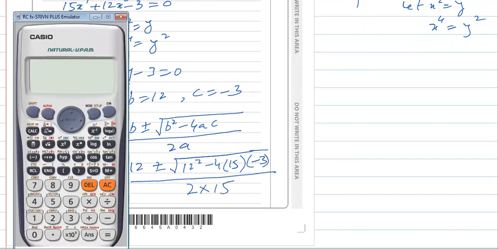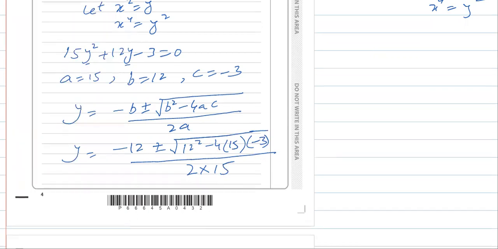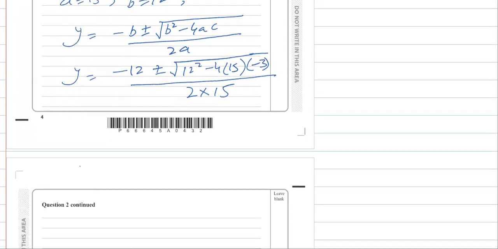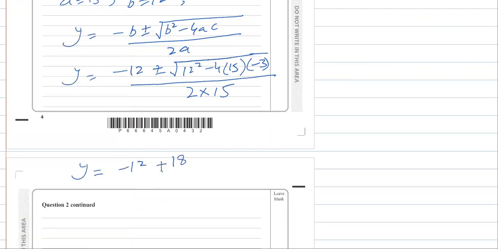Let's first simplify the square root part. 12 square minus 4 into 15 into minus 3. So that is 18. So we will have from here y is equal to minus 12 plus minus 18, divided by 30.